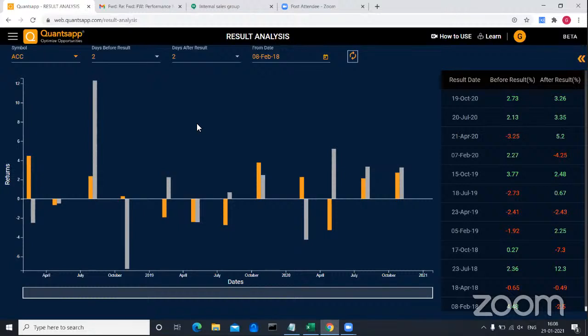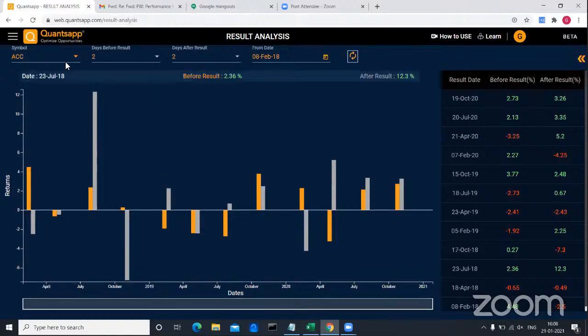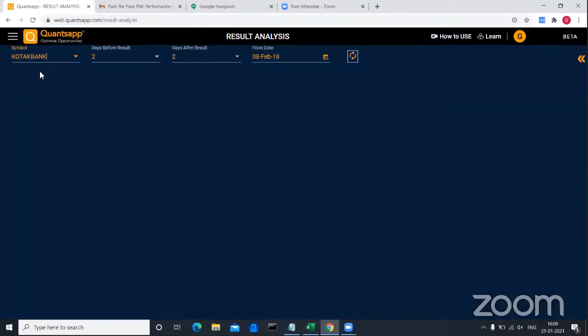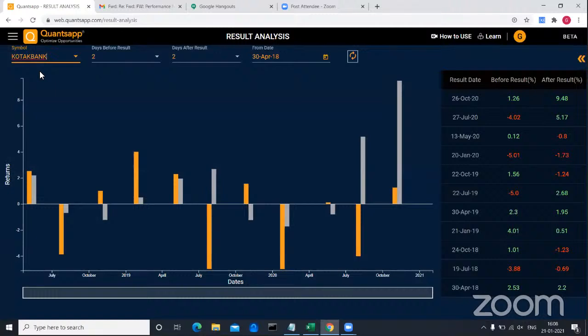And we are analyzing here ki result aane ke pehle aur baad market participant ka kaisa ek view rehta hai us company pe. So as we were taking Kotak Bank, now we are in Kotak Bank and we are doing the result analysis. We are not actually analyzing the profit and loss and balance sheet, but we are analyzing in terms of the market participants.